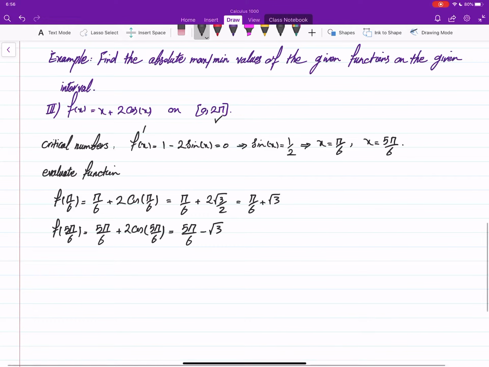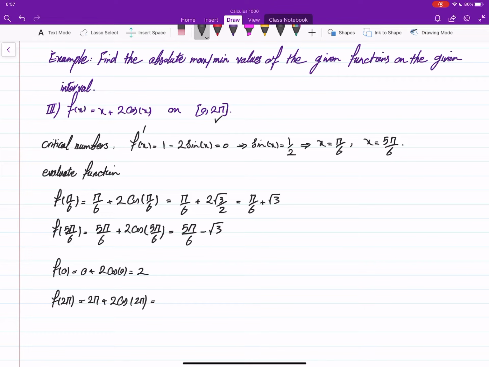Well, we need to evaluate the function at the endpoints also. So f at 0 is 0 plus 2 cosine of 0, which is equal to 2. f at pi is pi plus 2 cosine of pi, which is pi minus 2.